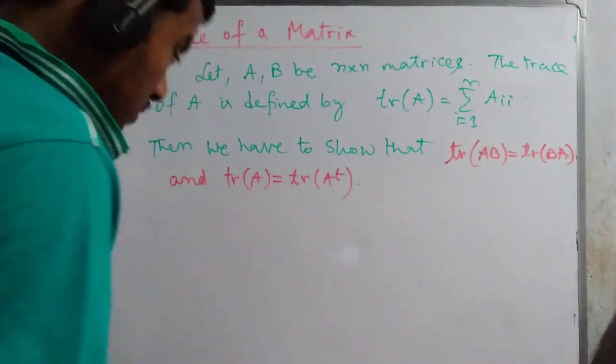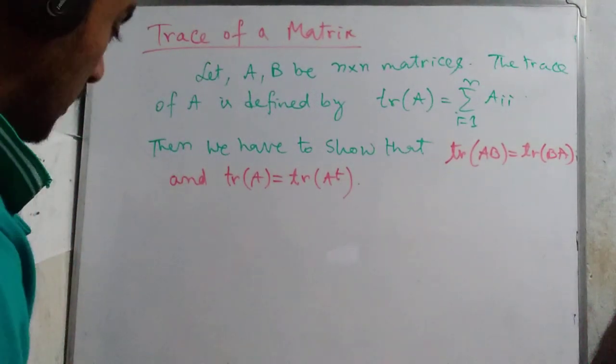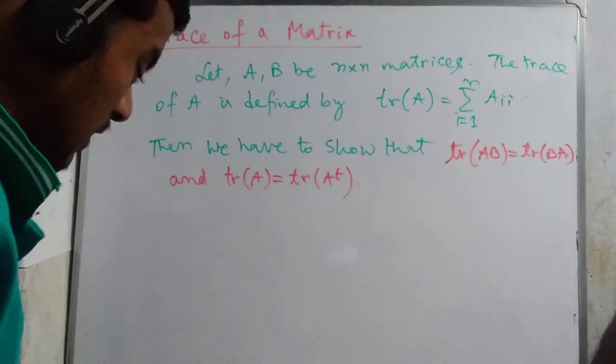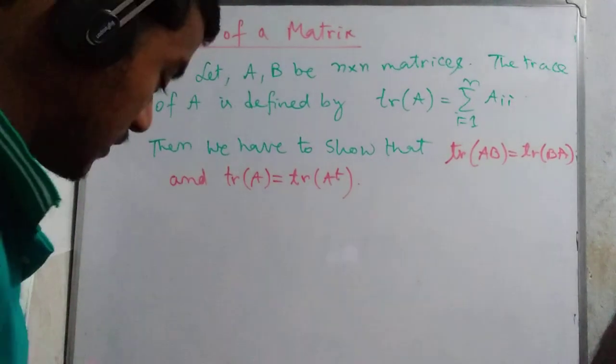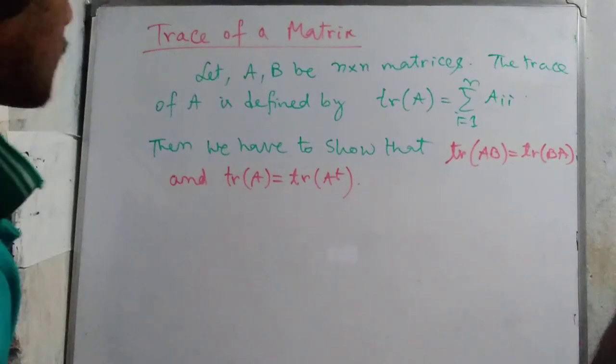So we now discuss trace of AB equal to trace of BA. How do we do so?